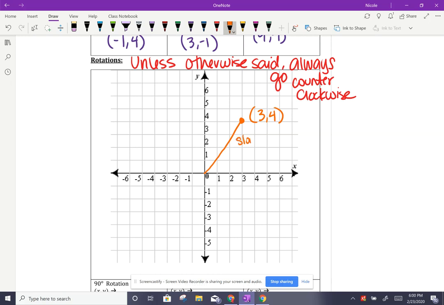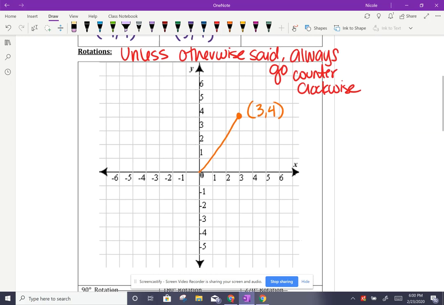So my slope is 4 over 3. I'm going to write that a little smaller and sideways. So I have a slope of 4 over 3. And if I were going to move perpendicular to that, I would need to find the opposite reciprocal.